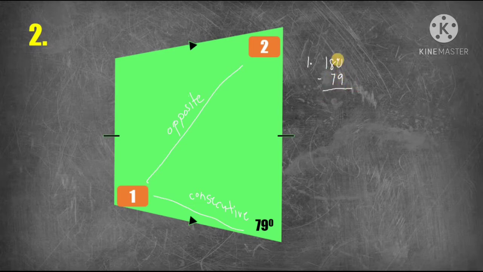So number 1, let's solve. 180 minus 79. So the answer here is 101 degrees. And number 2 is equal, so the answer also is 101 degrees.